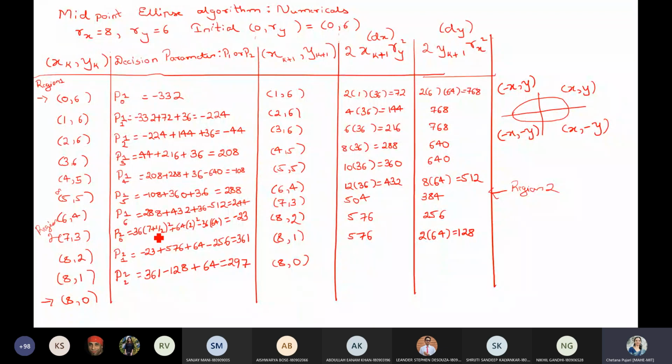Replace the values of rx and ry with the given values, and x and y with the initial values. What's x and y? x and y are 6 and 4. Then you will get the answer as minus 23.